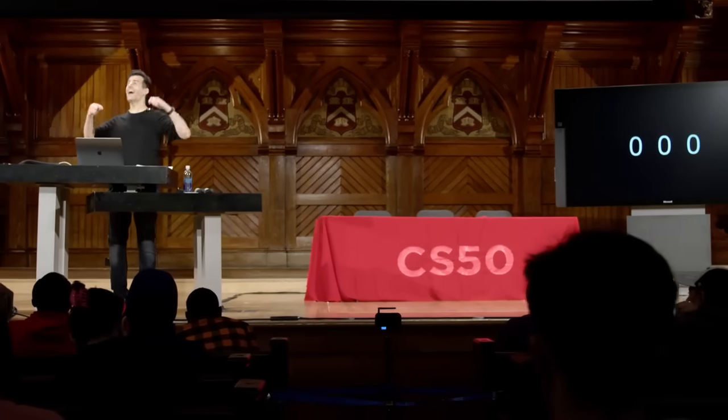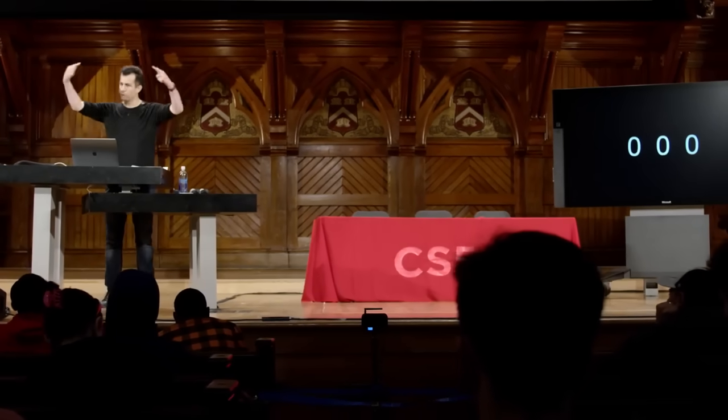What is 999 plus 1 if your hardware only has 3 digits? Well, it's apparently 0. So you get this kind of overflow, where 998, 999, 0. It overflows, so to speak. The 1 kind of falls off conceptually, and you roll over to the next value, which is 0, 0, 0.